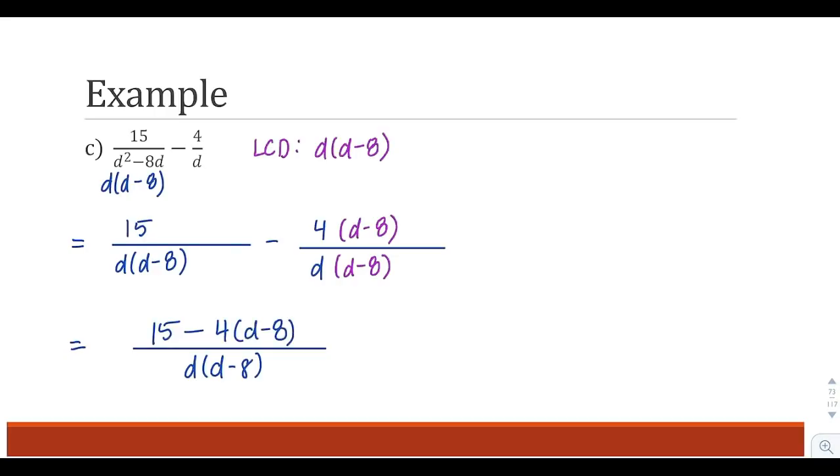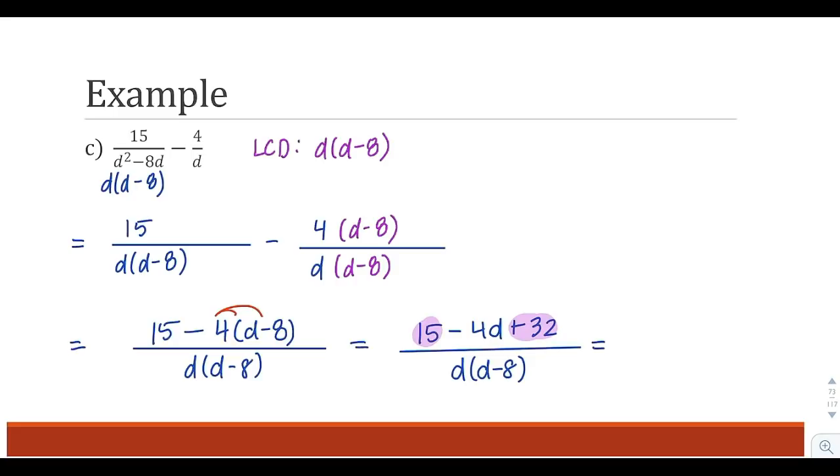And so we'll distribute across the top here, distribute in that negative 4. So we'll end up with 15 minus 4d plus 32 over d times d minus 8. And we'll combine those like terms, which are just the constants.